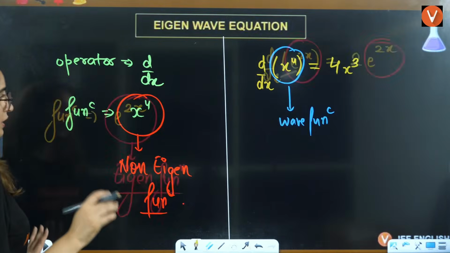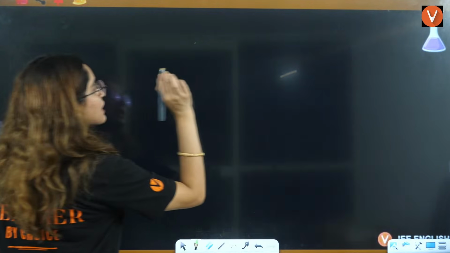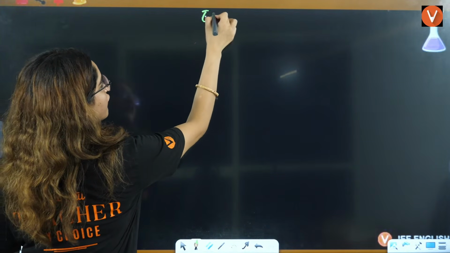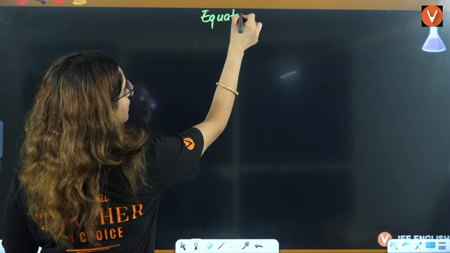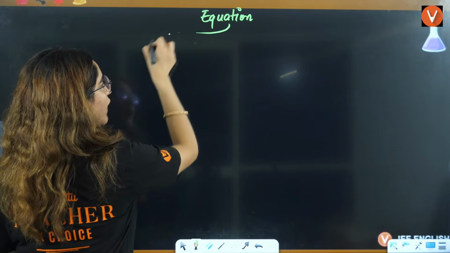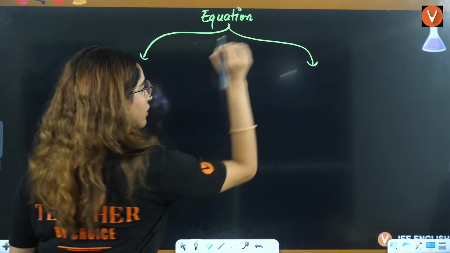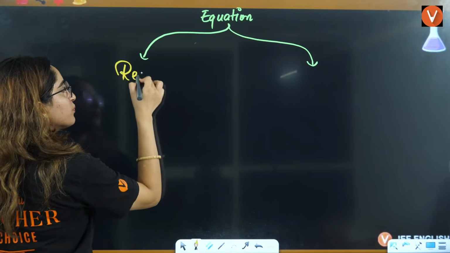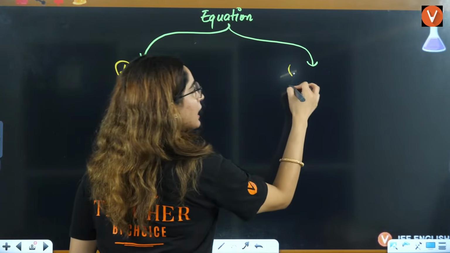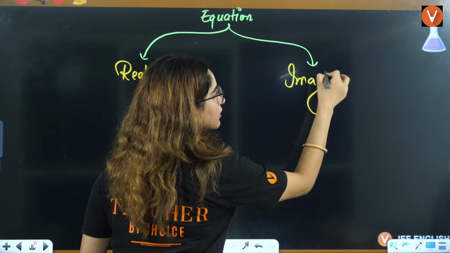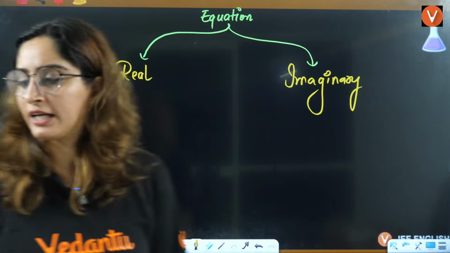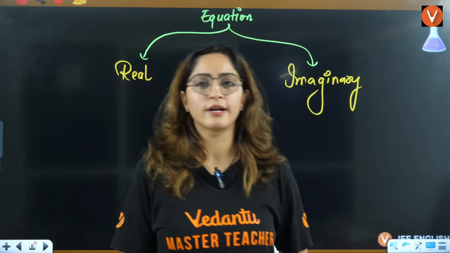In a simpler version, whenever you solve the Schrodinger wave equation, you will get two values. One will be a real value, the other an imaginary value, the iota type of value, which you have already studied in maths.